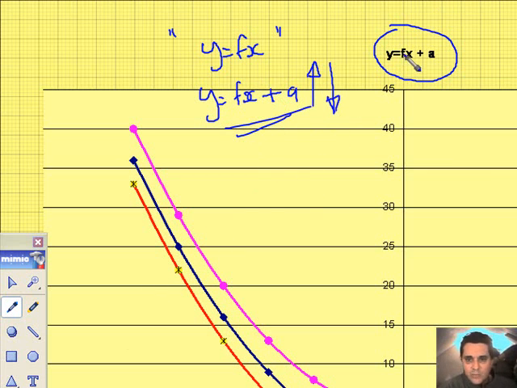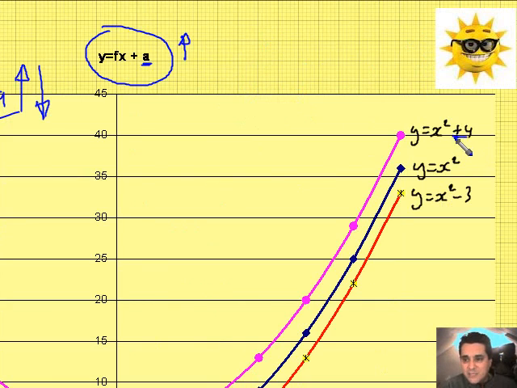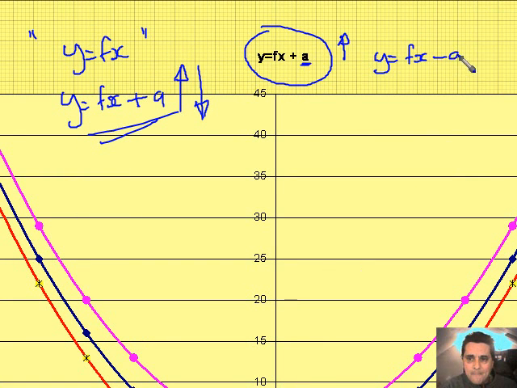So this one, for example, y equals f(x) plus a, moves the graph upwards by the value of a, in this case plus 4. Or we can use it in this form, y equals f(x) minus a, where of course the graph goes down by a units.